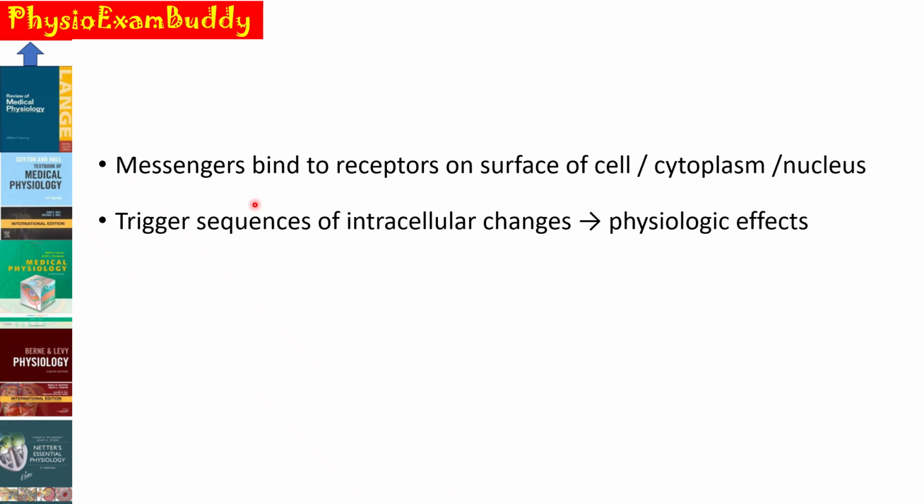Once these messengers bind to the receptors, which can be present on the surface of the cell, in the cytoplasm, or in the nucleus, this binding will trigger a sequence of intracellular changes, and these intracellular changes are responsible for the production of the physiological effects.